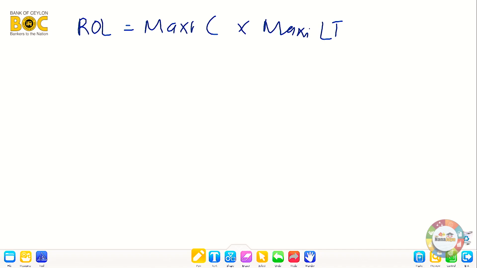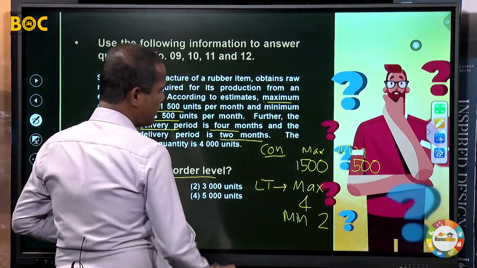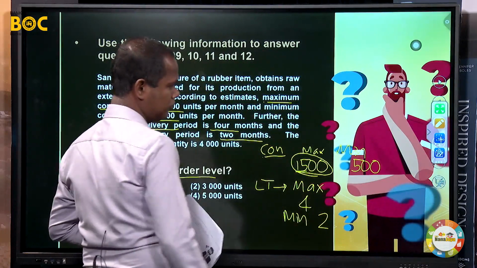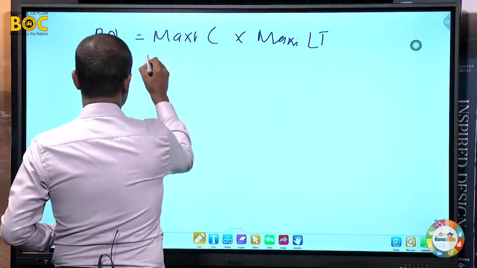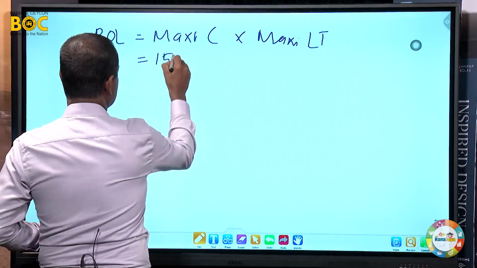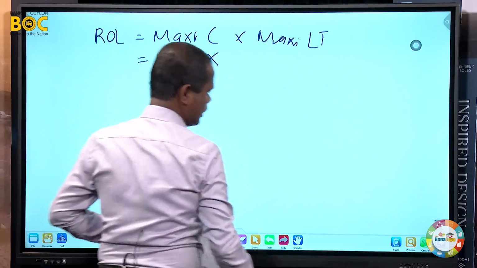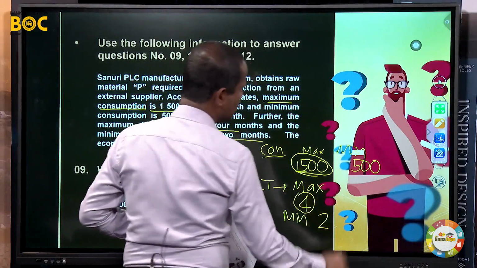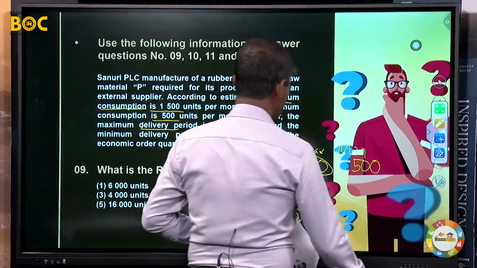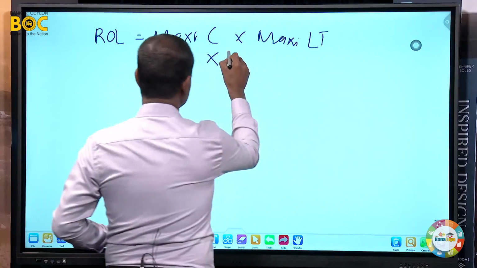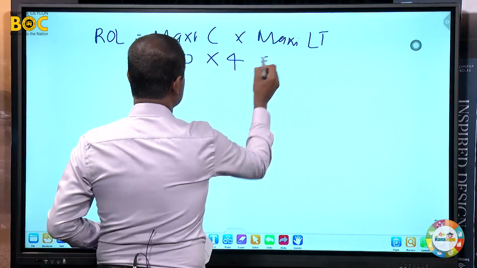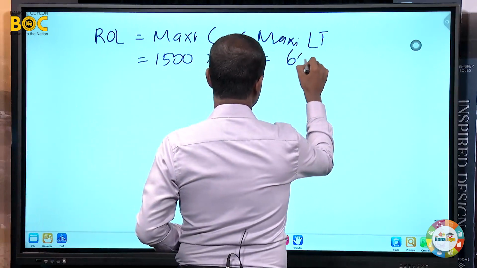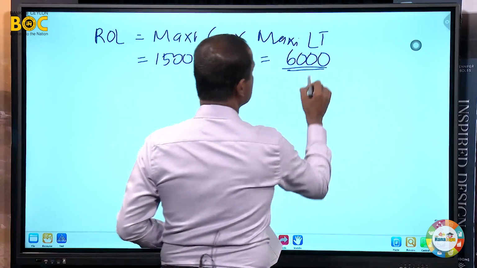How much was the maximum consumption? 1500. The maximum lead time was 4 months. Your reorder level is 1500 into 4, 6000 units.